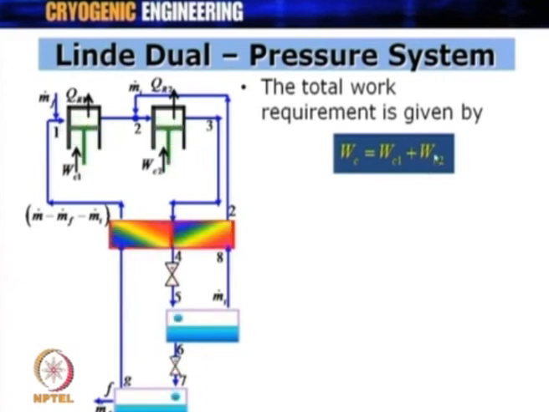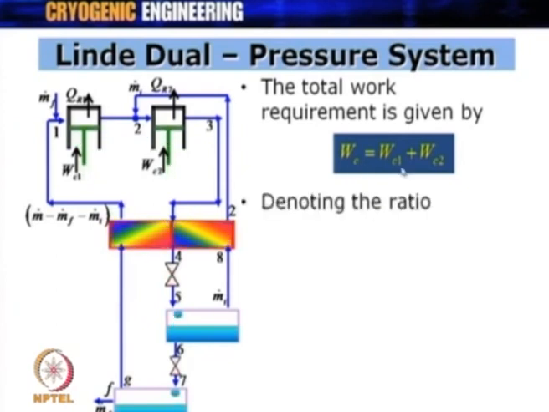Similarly, Wc2 depends on the total mass m dot going into it and the pressure ratio across it, 2 and 3. It is this Wc1 and Wc2 which makes a difference to the value of Wc, the total work of compression, and this is the most important thing to understand, because by doing this Linde dual pressure system, we are basically trying to minimize the work of compression as compared to a simple Linde-Hampson cycle.